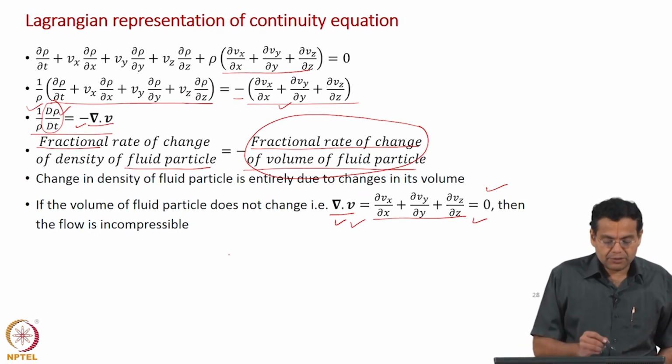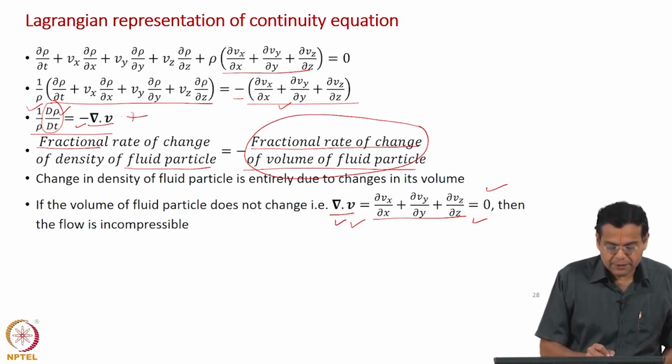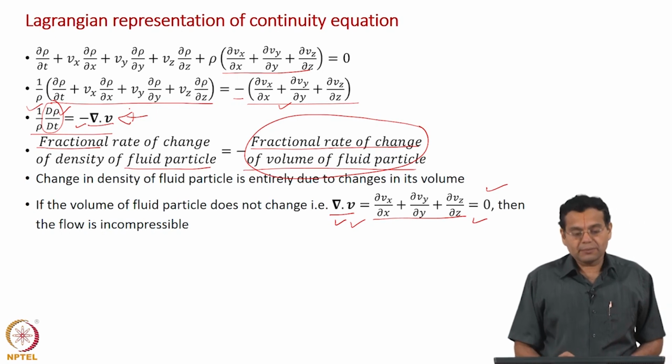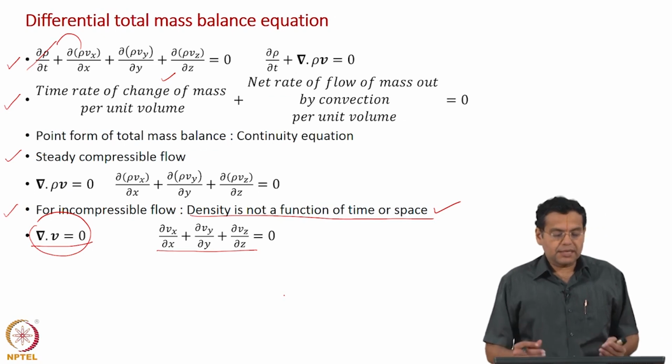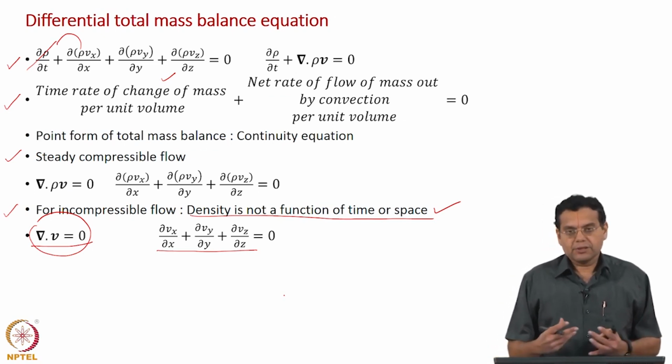And when del dot v equal to 0, from this equation capital D rho by dt is equal to 0, which is in line with our earlier condition that density is not a function of time or space. So, we have discussed the condition for incompressible flow in two different ways.